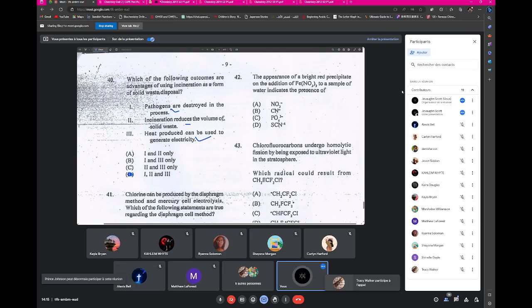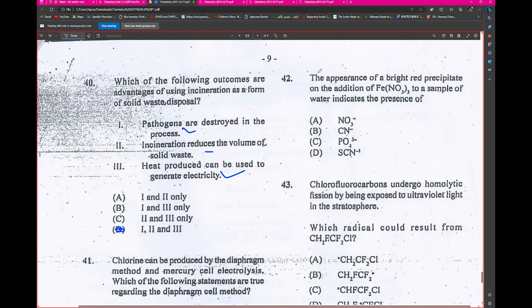Anytime you hear thio, it's sulfur we're talking about, right? So it's a thiocyanate ion. So what we're gonna have is a substitution reaction, and the creation of the red precipitate with iron. So that would detect thiocyanate within the water per se. So we have that there.